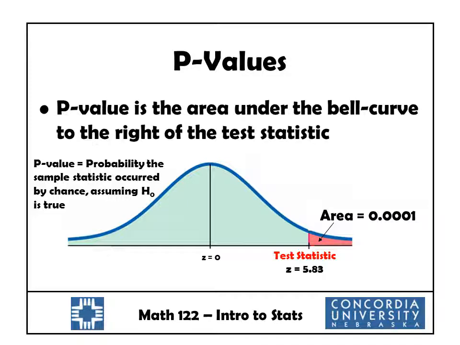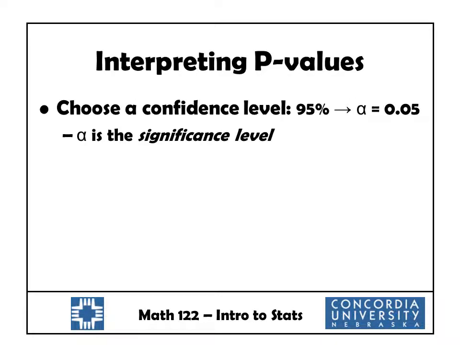Now informally, this p-value is the probability that the sample statistic occurred by chance, assuming that the null hypothesis is true. So our p-value here is very small. So that means that what we observed is highly unlikely, assuming the null hypothesis is true. So that's an indication that maybe our null hypothesis isn't indeed true.